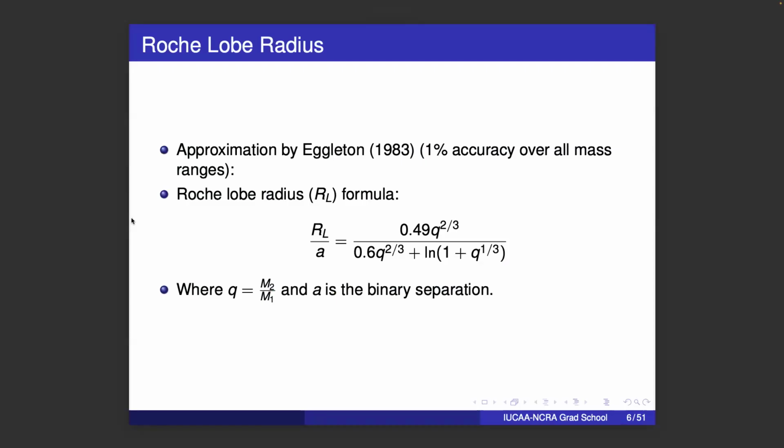This is a function of the separation between the two stars, but it is also a function of their relative masses. So if you know M2 over M1 and the absolute value of the separation, you can plug into this equation and get a reasonable value for the Roche lobe as a function of the separation.